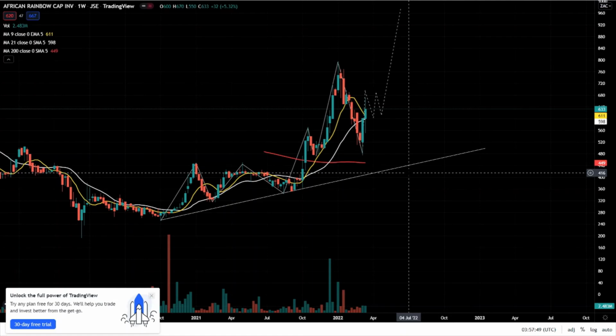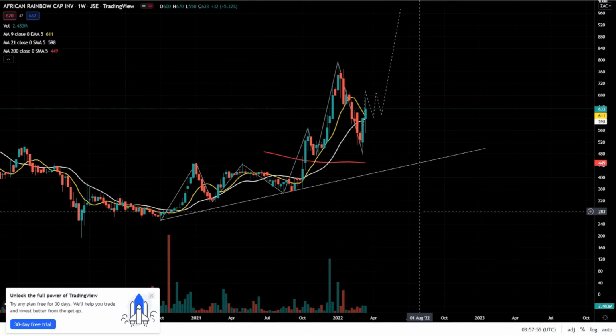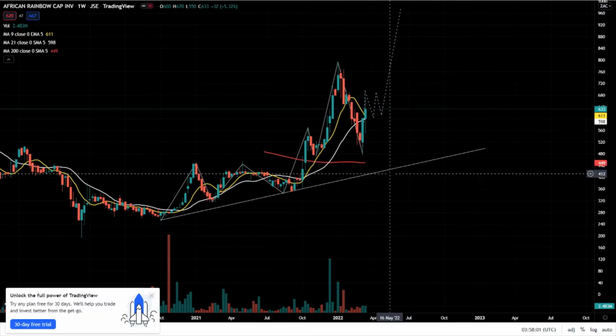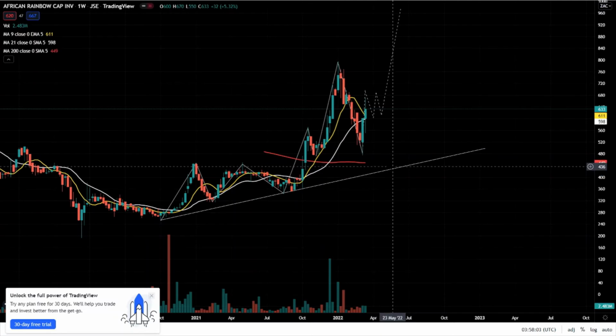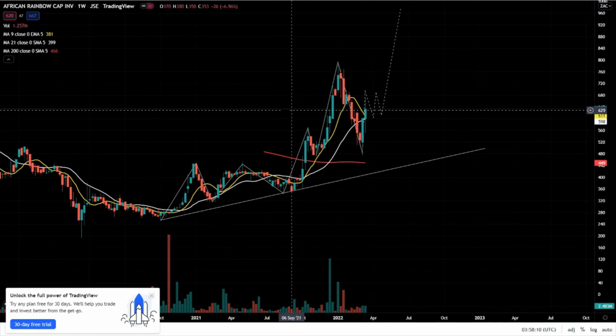Does it close below there? If it closes below there, you might see a sharp sell-off, like for instance with Naspers, that actually happened. And if price happens to dip below but close above, if it closes above, you might be looking to enter the market over there.